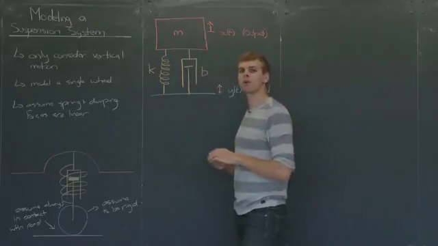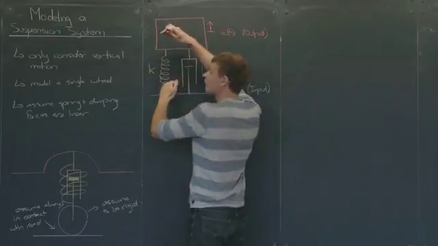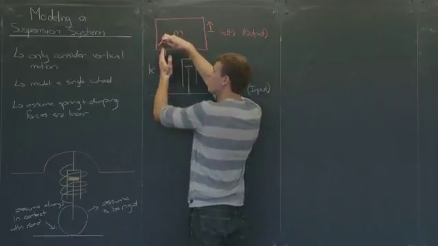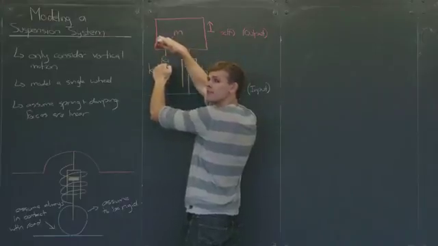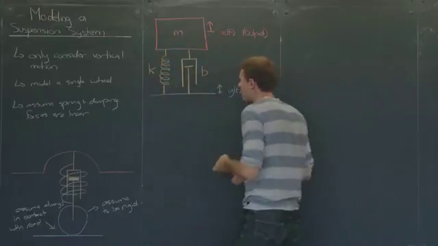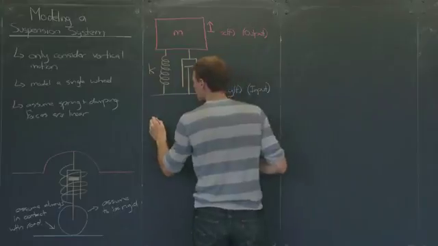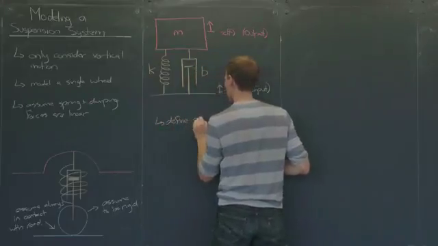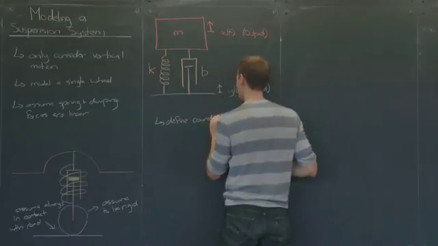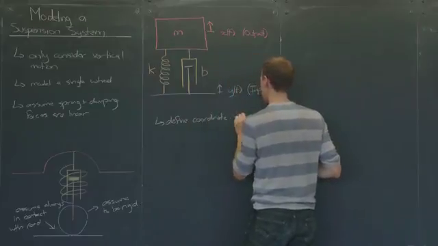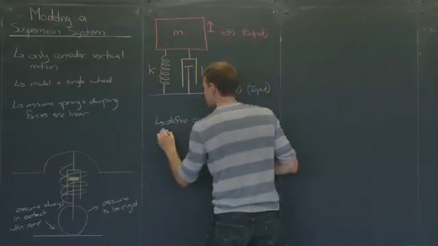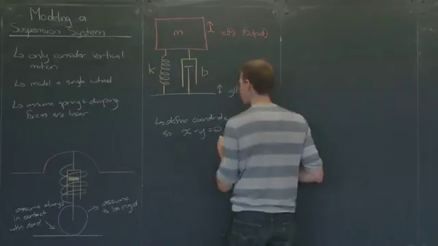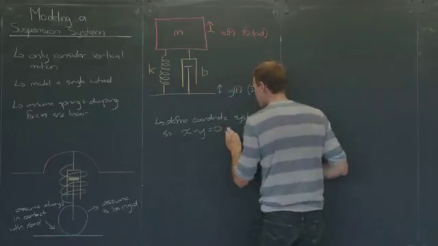The system will be in vertical equilibrium when the spring has compressed slightly, so that the upward spring force acting on the mass balances the force of gravity pulling the mass downwards. With this in mind, we will then define our coordinate system so that x minus y equals 0 when the system is in this vertical equilibrium.